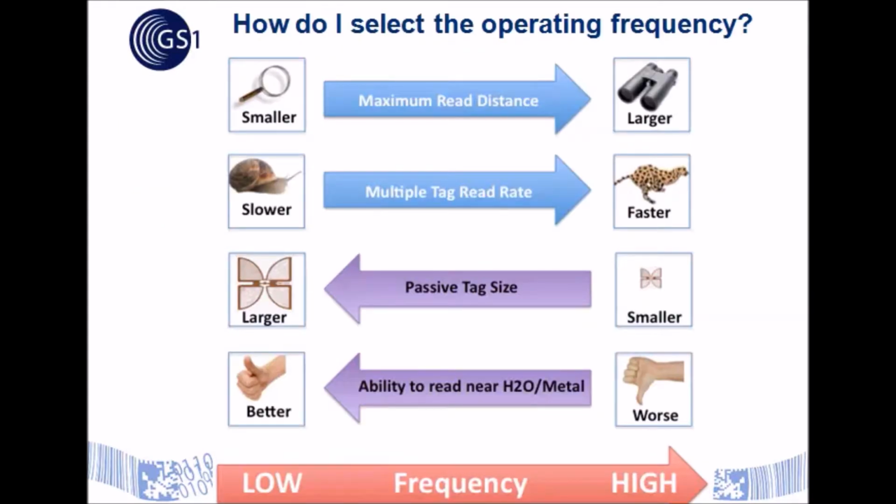So how does an RFID system engineer select the operating frequency? Since we have low frequency, high frequency, and ultra high frequency RFID tags, these three types of frequency will provide different performance in the corresponding environment.